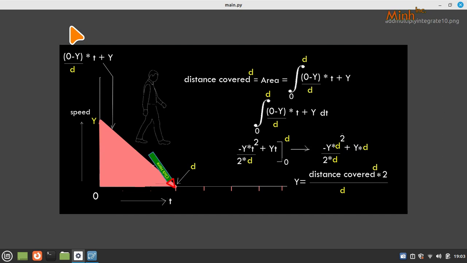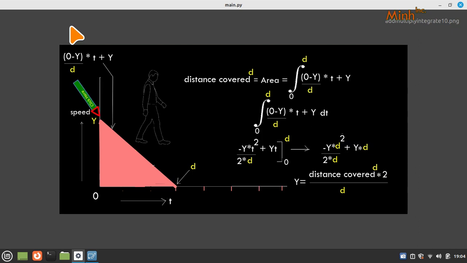Means he just reached his home. He started with a high speed and slowly reduced his speed at a constant rate, and when he reached his home, his speed is 0 and he took d units. If that is the case, then at what speed did he start?